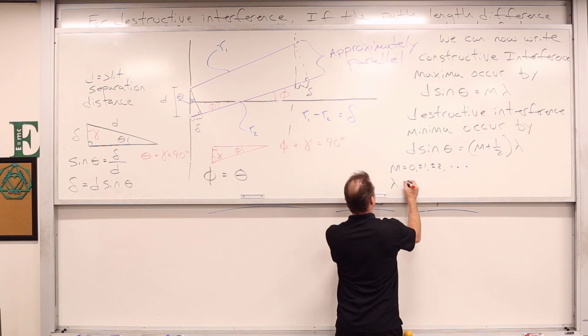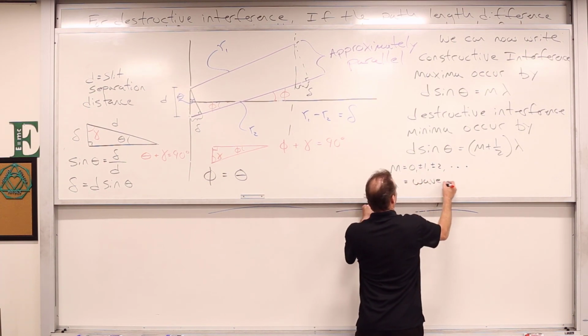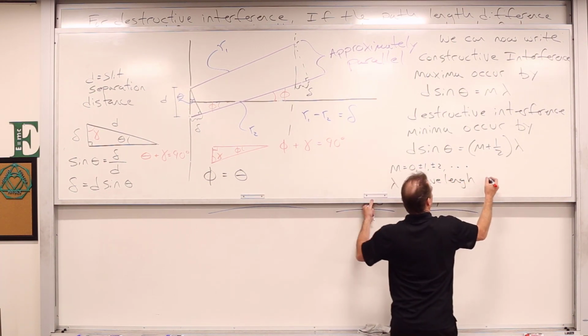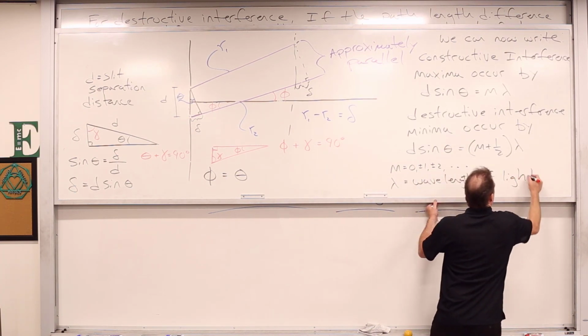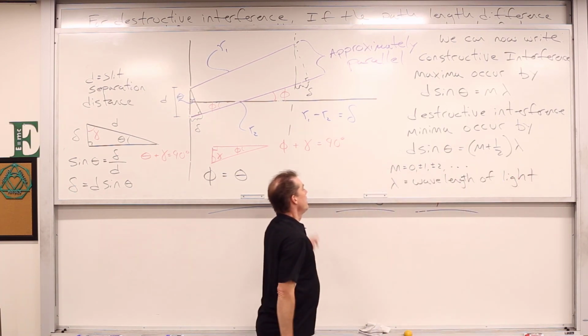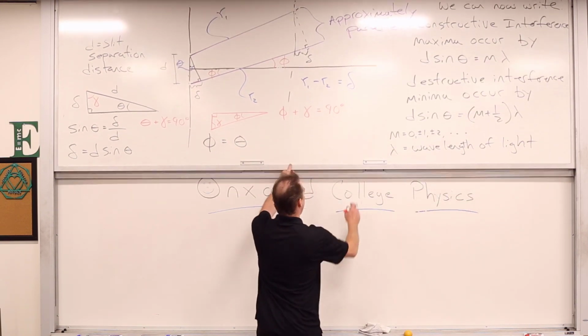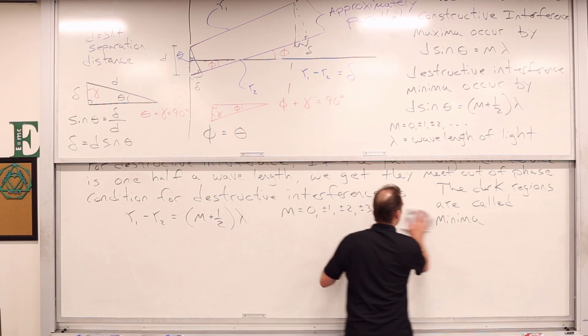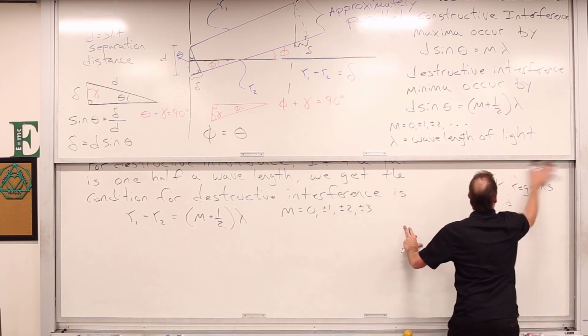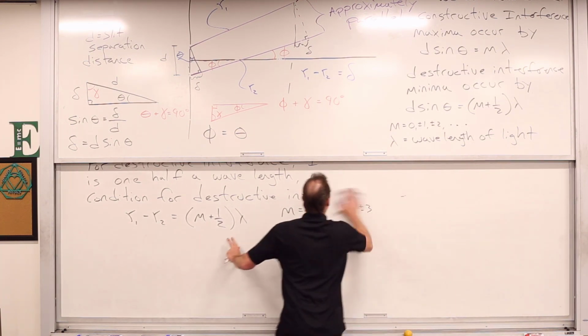And lambda is the wavelength of light. Theta is the angle of the path.